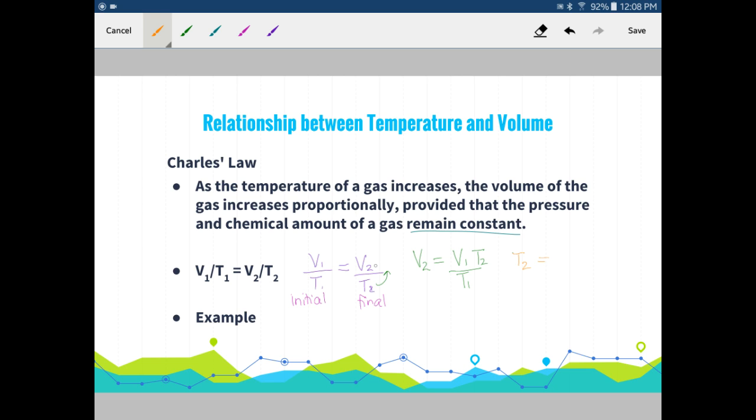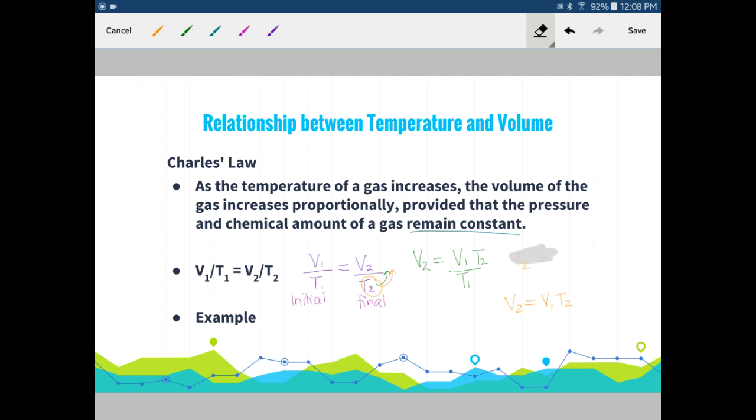So if I was just to simply divide V2 out, that wouldn't work. So my first step is I still need to multiply T2 up, which would result in the same formula here where I have V2 equals V1 times T2.